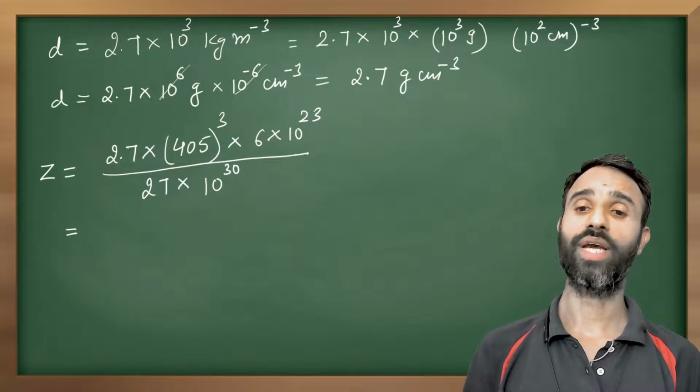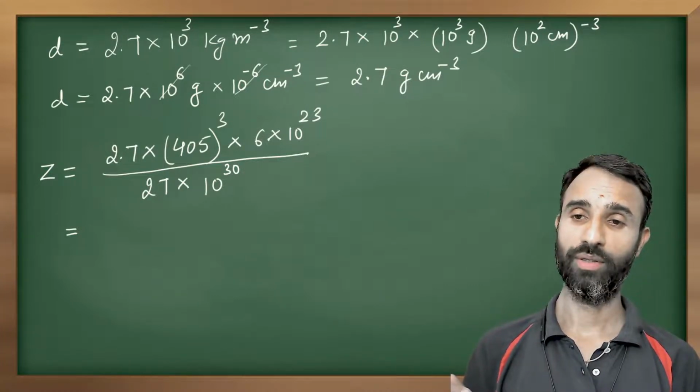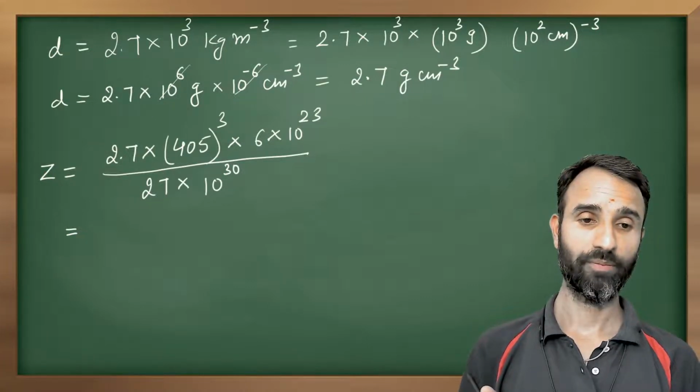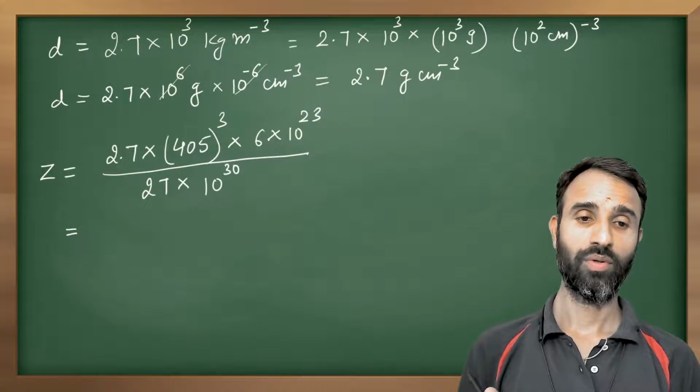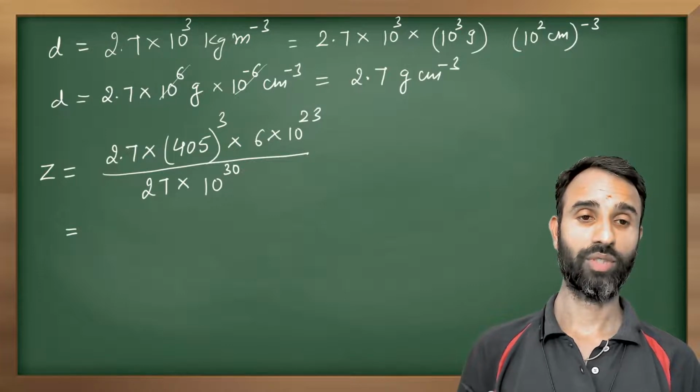Now just use the calculator, because nowadays calculator is allowed. So 2.7 into 405, how many times? 3 times, and then into 6.